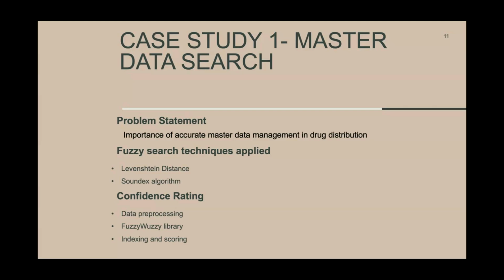So here in this example, we have used Levenshtein distance, and we have tuned it to measure the minimum number of single character edits required to transform one word into another. We have also used Soundex here, which encodes words by their sound to handle phonetic variations.